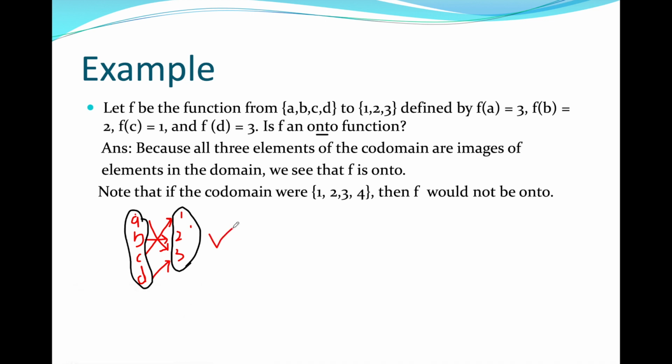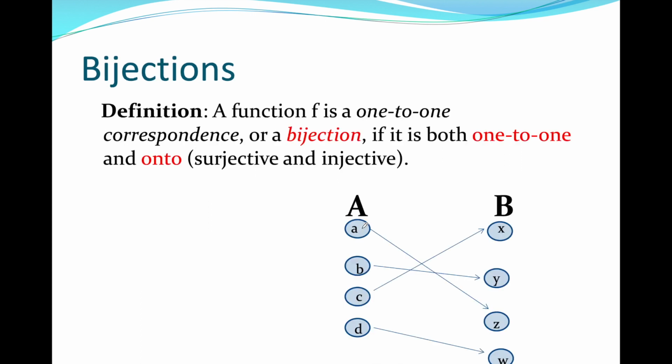All 3 elements of the codomain are images of elements in the domain. And if the 4 is added, then f will not be onto.